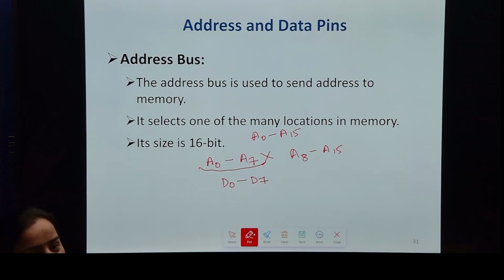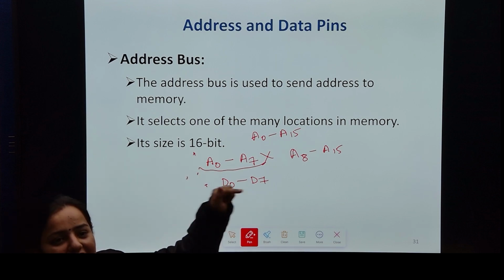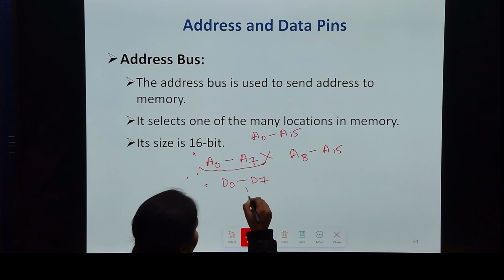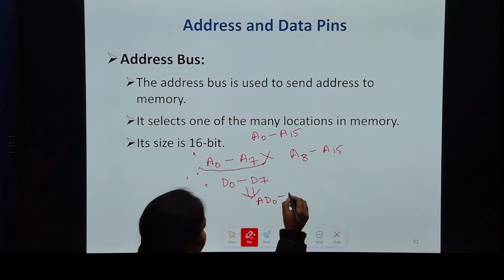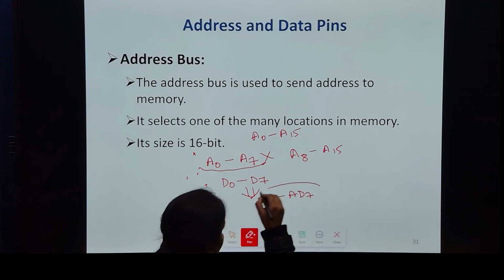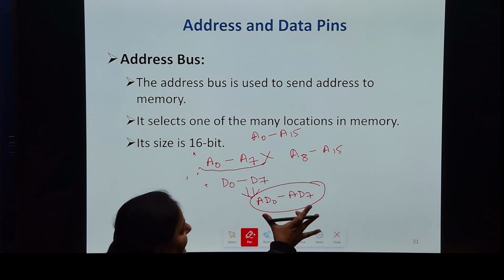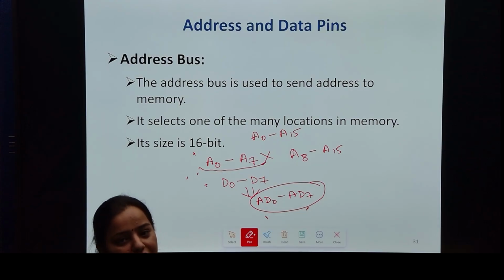So multiplexing is what? We are combining these two signals. A single line is used for two purposes. That means if we multiplex address lines with data lines, we get AD0 to AD7. So these 8 lines are used either for data or for address.